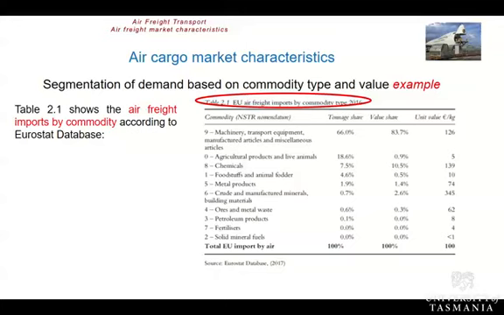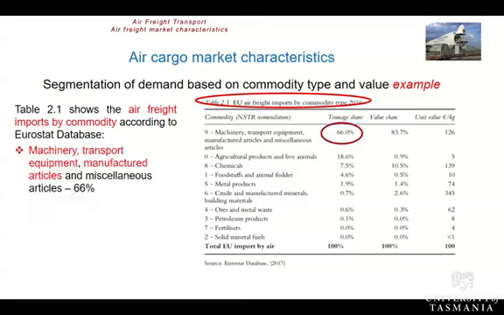So all the air cargo that came into the EU from all over the globe is listed here. And what we see straight up is that 66% of the goods going into Europe are machinery and transport equipment, which was identified by Dolganis, and also manufactured articles, which was the other 30%.